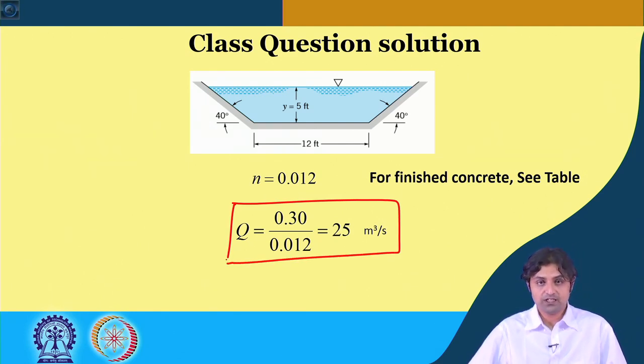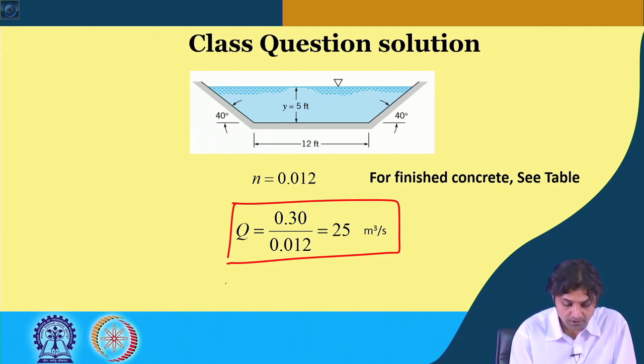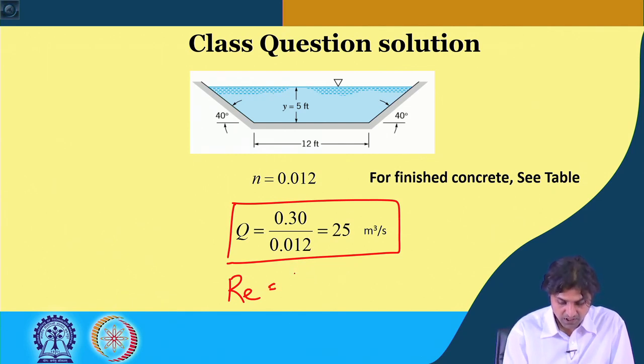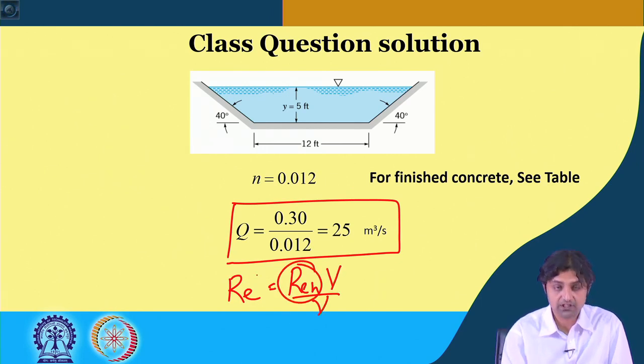So, we have used the Manning's equation and calculated area, we have calculated perimeter, and we have calculated the discharge Q for this channel for a uniform flow condition. The next question says we have to calculate the Reynolds number. Reynolds number is given by RH V by nu, where this is the hydraulic radius. This is the characteristic length, as I told you in the beginning.